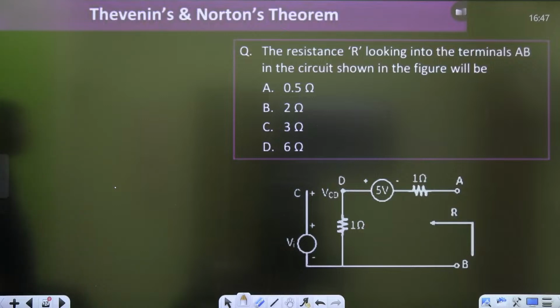We have 5 volt battery, okay, and then VI is connected here. Is there anything that depends upon the VCD? I think no. Then when we are making the 5 volt short circuited, so what is the resistance seen by that path?